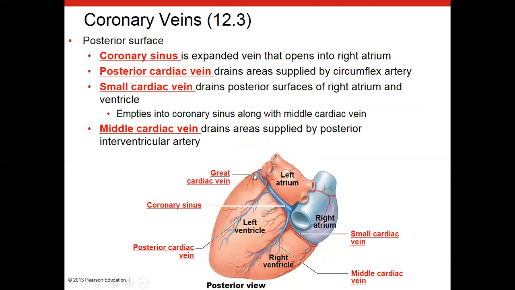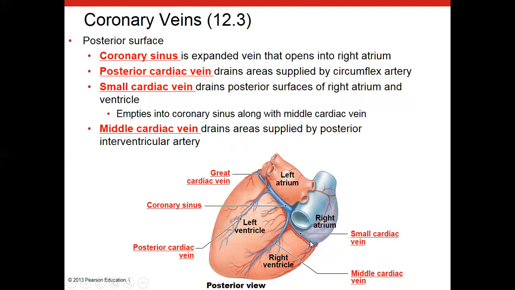Where you can see it on the posterior side, here's where the great cardiac vein comes around and merges with the posterior cardiac vein, and becomes the coronary sinus, not sulcus. So you've got the posterior cardiac vein on the left ventricle, and the middle cardiac vein in the posterior interventricular sulcus. They all merge around.